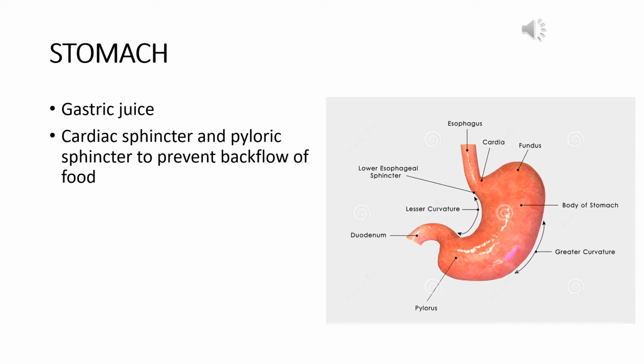So, the cardiac sphincter only opens in the direction of the stomach so that the food can only pass from the esophagus to the stomach and not in the backward direction. Similarly, the pyloric sphincter also opens in only one direction so that the food can only pass from the stomach to the small intestine and not backward. So these two sphincters guard the opening and exit of the stomach, preventing the backflow of the food.